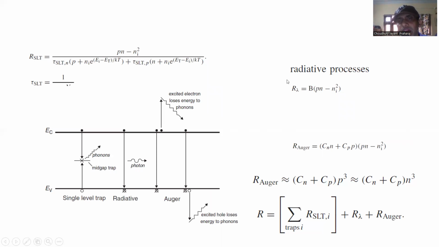One thing to keep in mind is that radiative recombination is qualitatively different from non-radiative recombination, because radiative recombination generates an above band gap photon. That means there is re-emission of photons, and then that photon can be reabsorbed. So to some extent, some of that recombination loss can be recovered because of reabsorption.